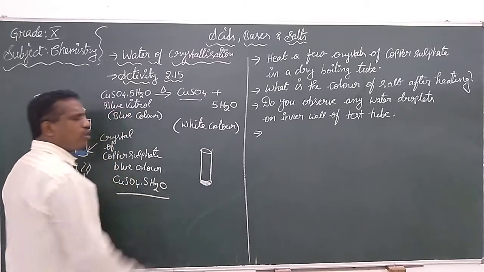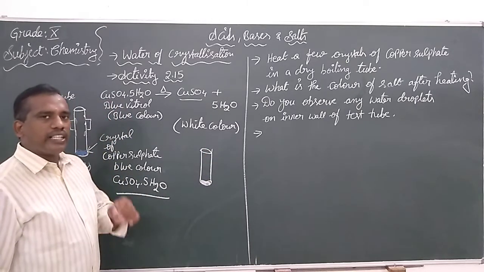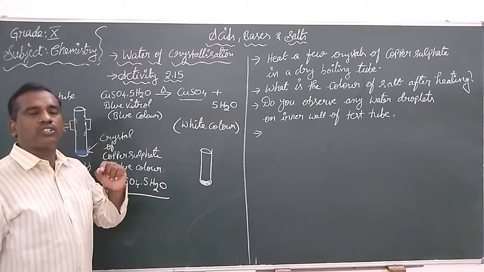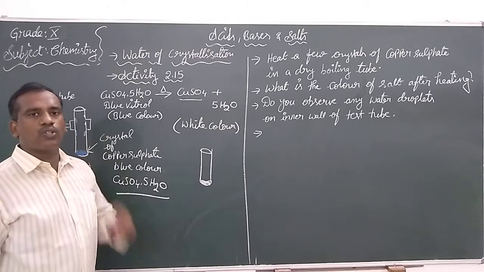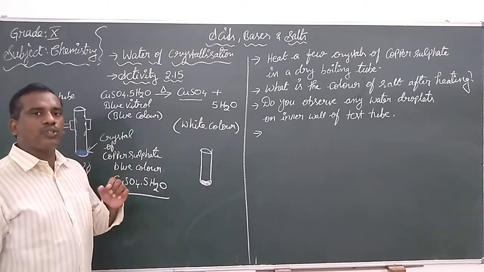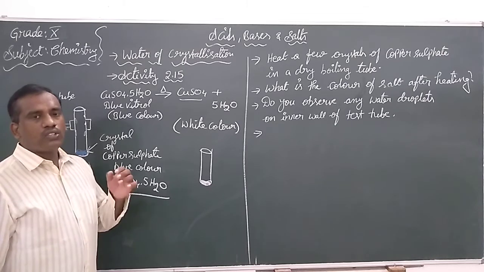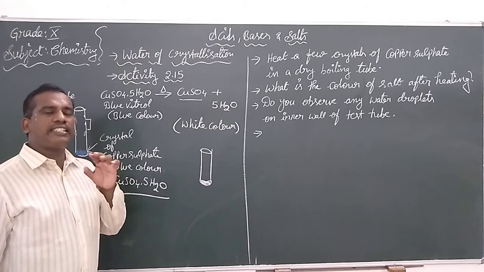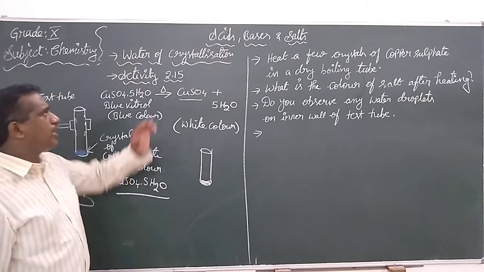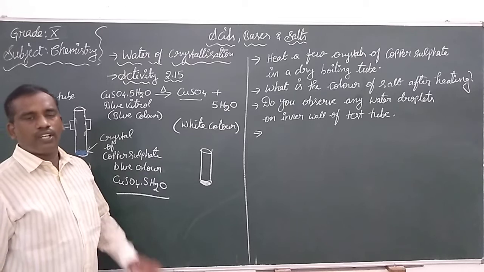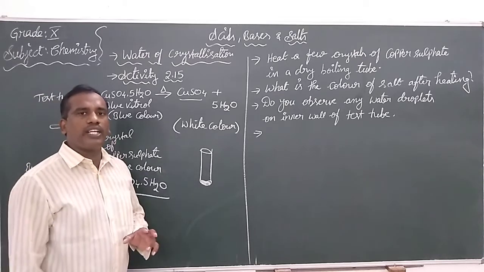Now shall you confirm that the blue color of copper sulfate is due to the presence of some fixed molecules of water. So any compound having fixed molecules of water has water of crystallization. We need to come to one conclusion here.